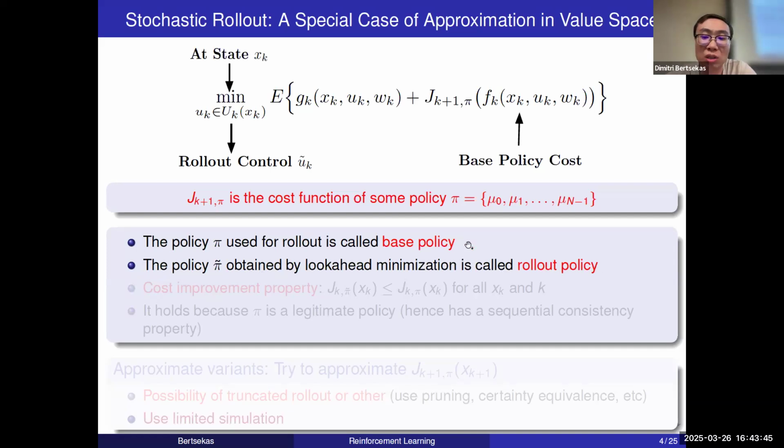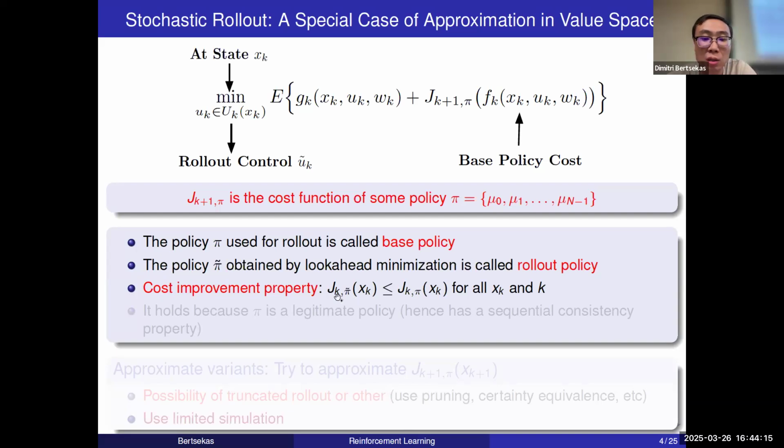The notational convention is that typically we use tilde to represent a rollout policy, or a policy obtained while doing approximation in value space. Now here is the important fact: if we use the base policy cost as the cost function approximation for J star, then there is a cost improvement property.